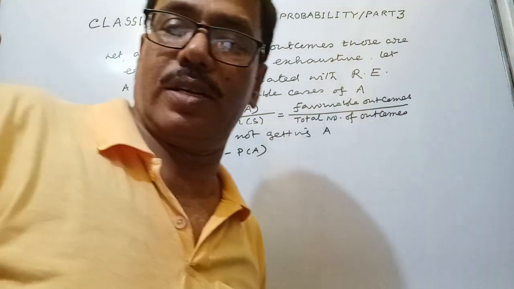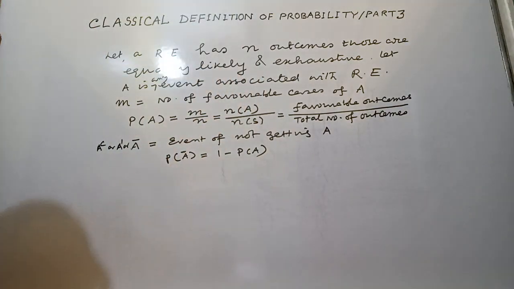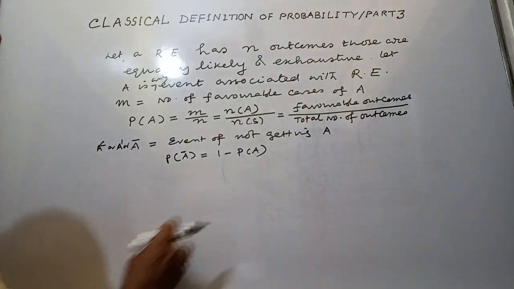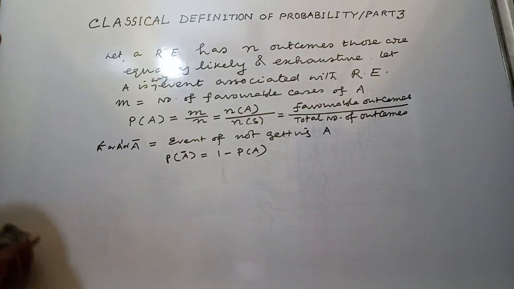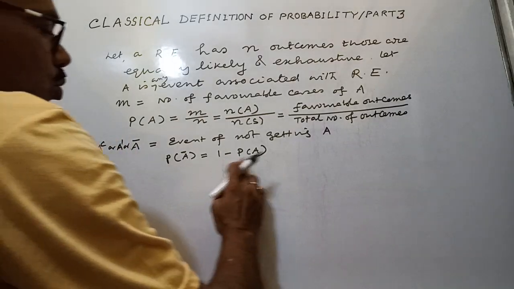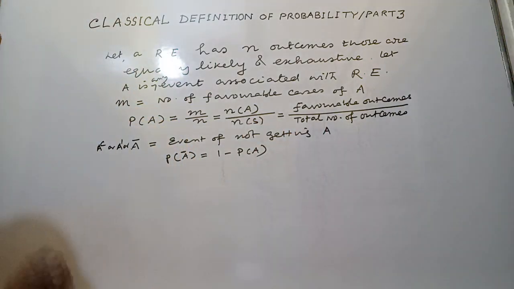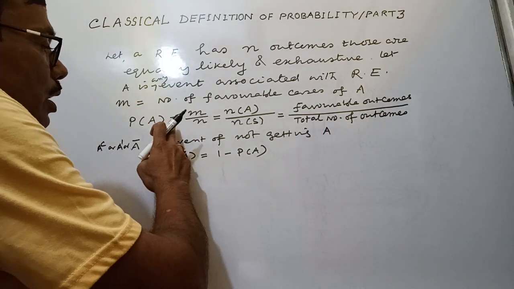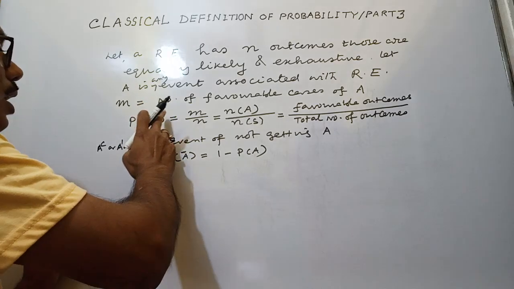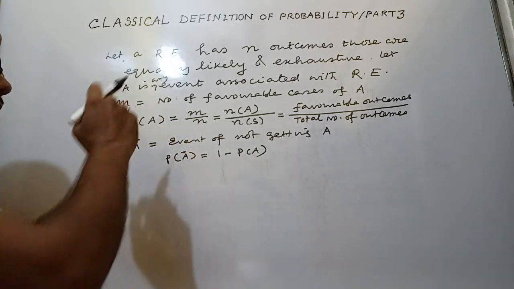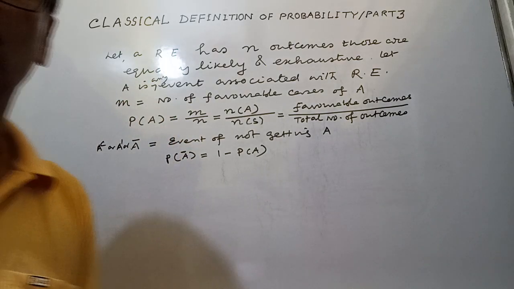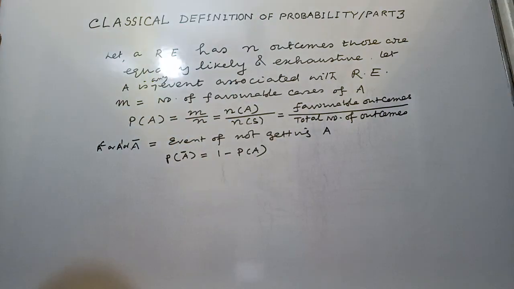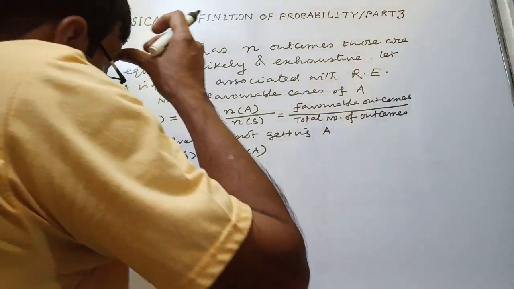I will define how it comes. P(A bar), from the addition theorem of probability, equals 1 minus P(A). P(A) is the probability of happening A, and P(A bar) is the probability of not happening A.